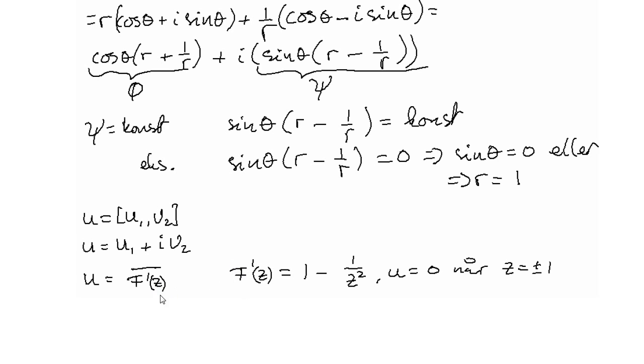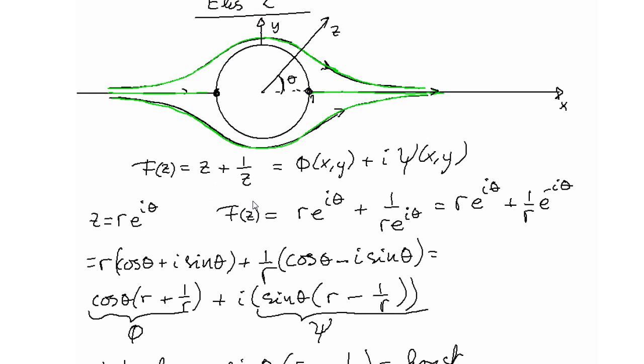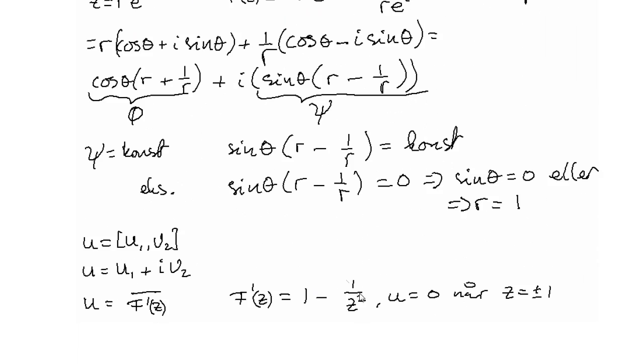So if we now find this derivative, which is very easy to do because we have the definition of f of z here, the derivative with respect to z is of course 1 minus 1 over z squared. So we have this here, and we also know that this is 0 when z is equal to 1, because then we have 1 minus 1 here.